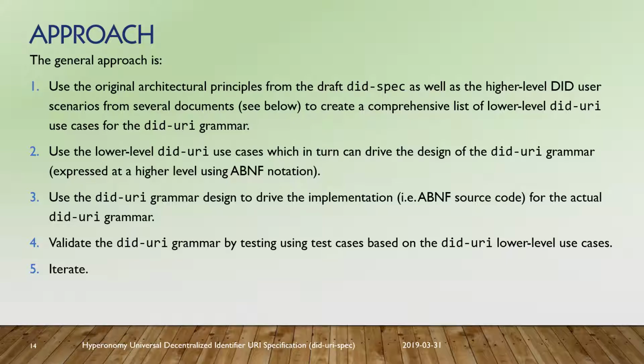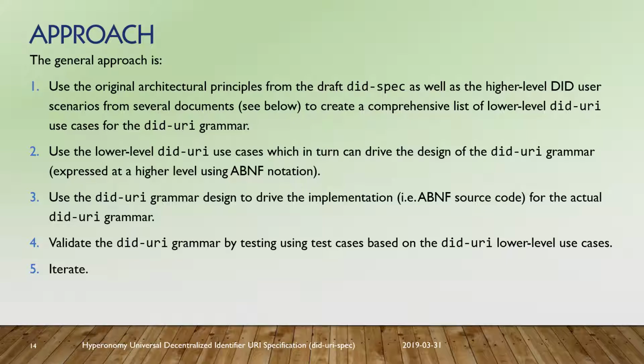It's able to validate that that string is a valid string and take action on each of the parts. So the idea that the did URL grammar is actually a piece of source code written using ABNF notation that can be executed. And if it can be executed, then it can be tested just like any other program.